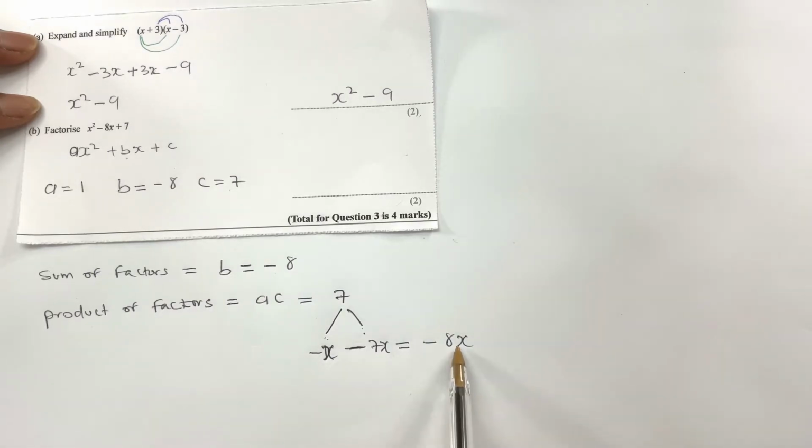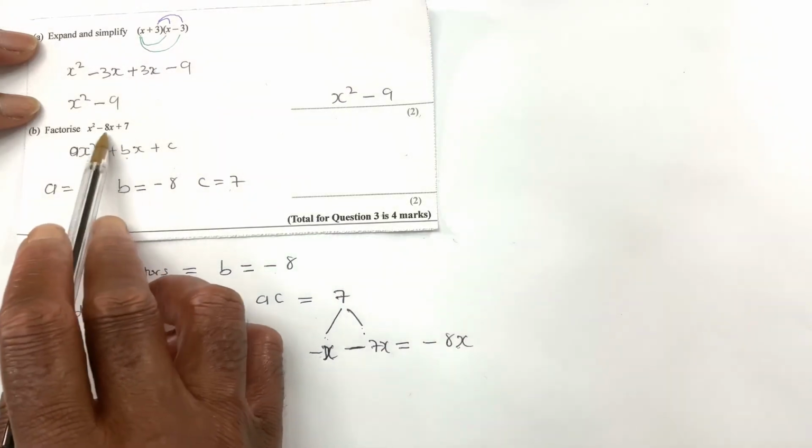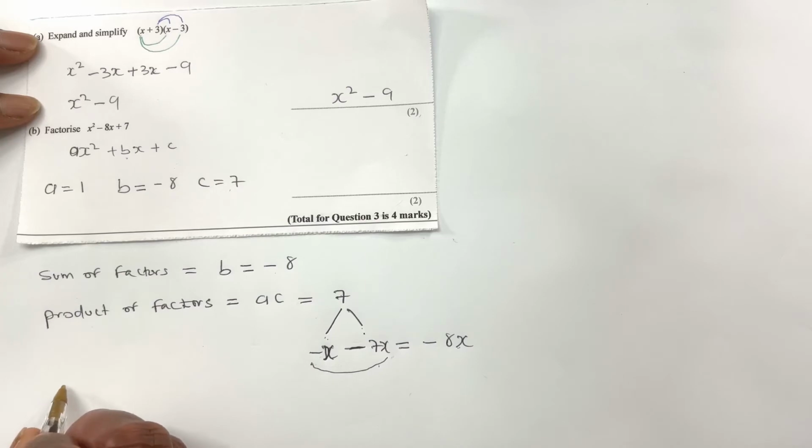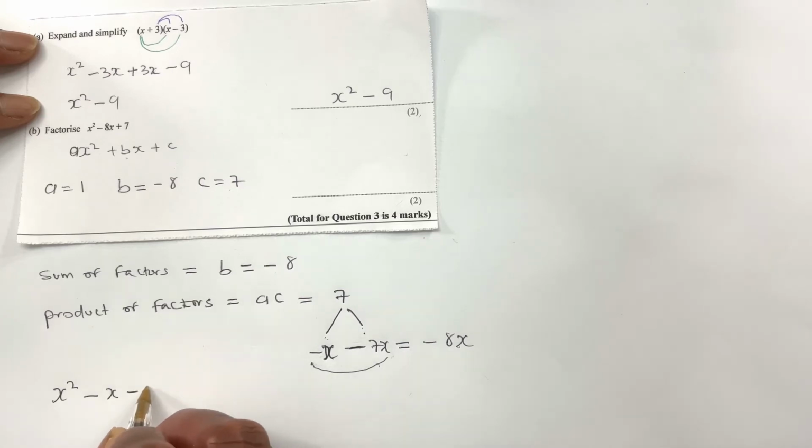Now I'm going to take minus 8x here and replace it with this new expansion I've got. So I'm going to write x squared minus x minus 7x plus 7.